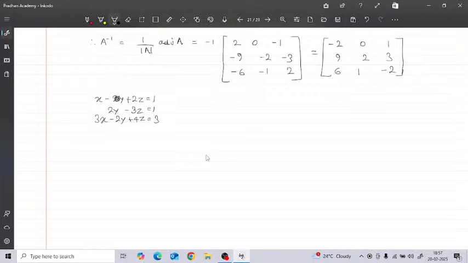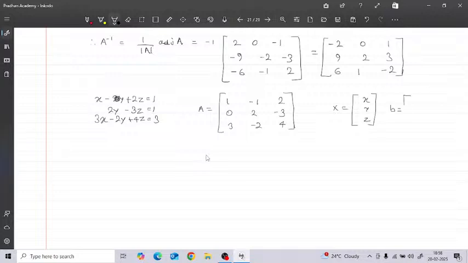Okay, so let's write the coefficient matrix, that is 1, minus 1, 2, 0, 2, minus 3, 3, minus 2, 4. So it's equals to A. Now the variable matrix X is equals to X, Y, Z and B is equals to 1, 1, 3.